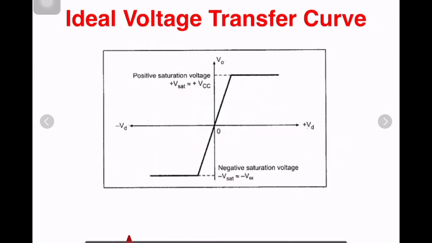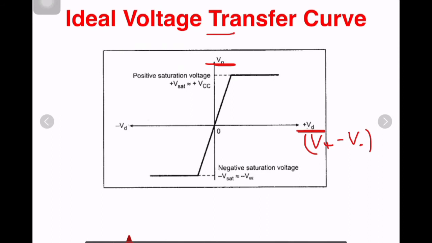Now the ideal voltage transfer curve. What do we mean by transfer curve? It is the curve plotted between the differential input, Vd, which is equal to V positive minus V negative, and the output. This graphical representation of input versus output is the voltage transfer curve.